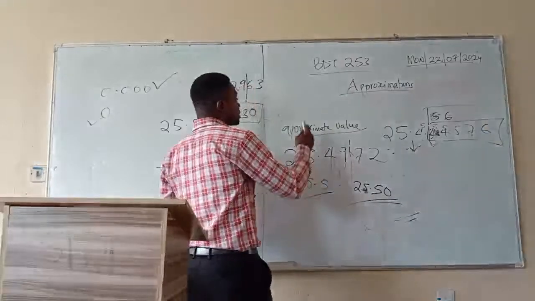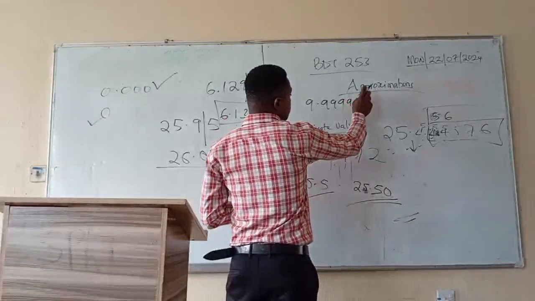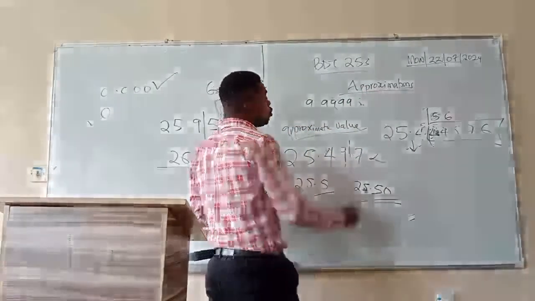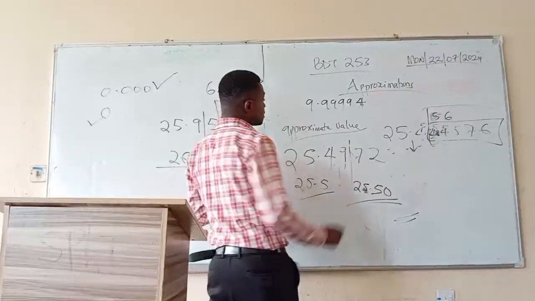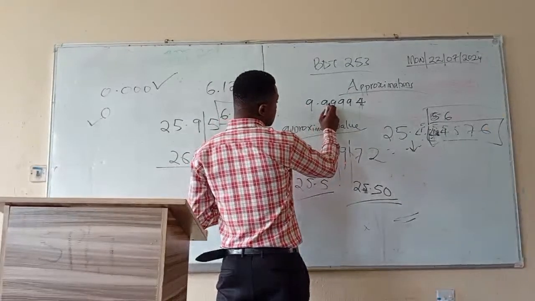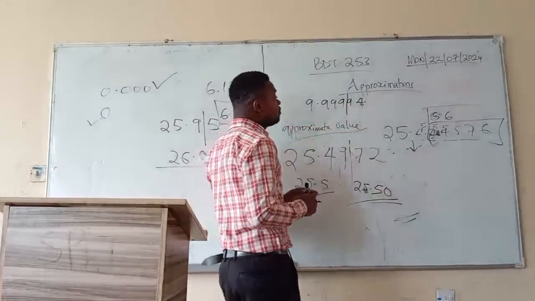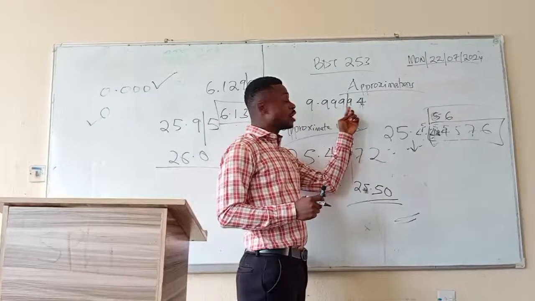To 3 decimal places. Here we have 1, 2, 3. So we are cutting off from here, right? Had it been less than 5, we would just keep 9.9, but it's more than 5.